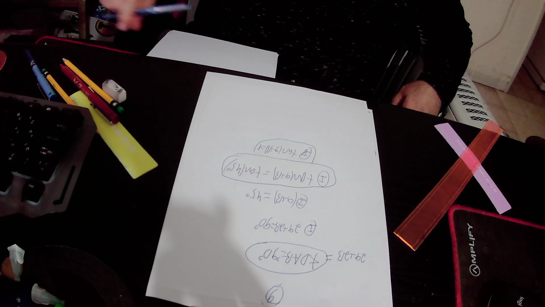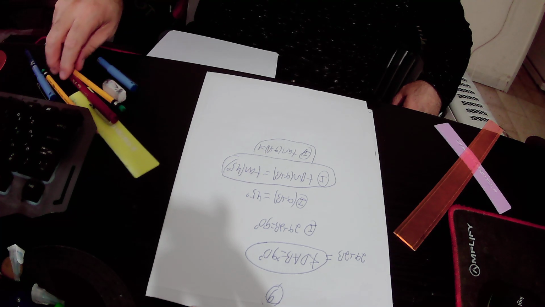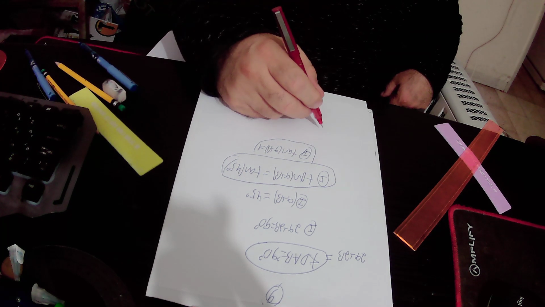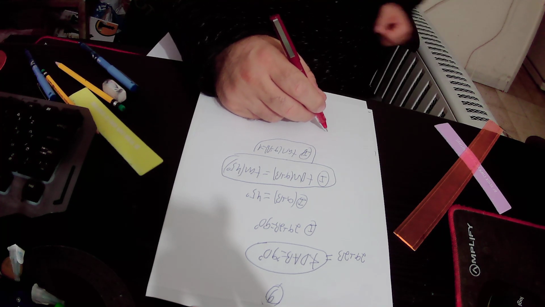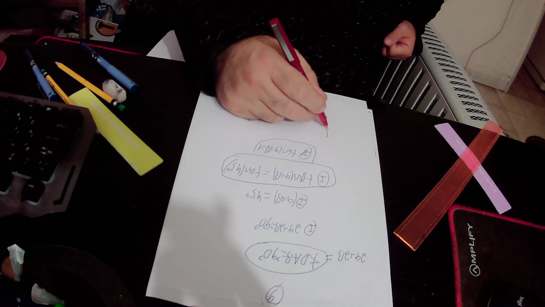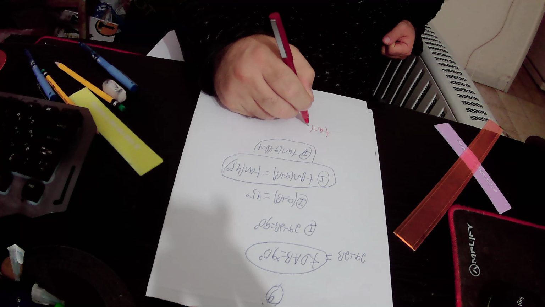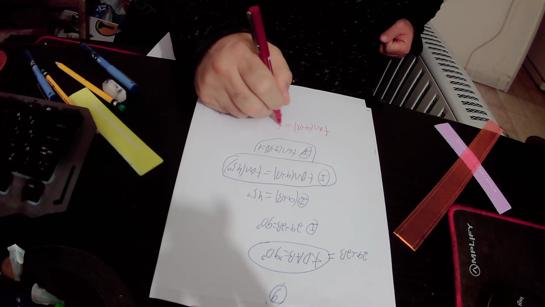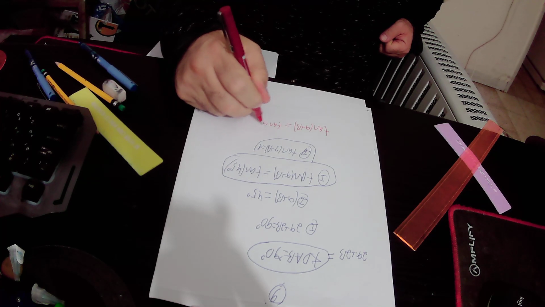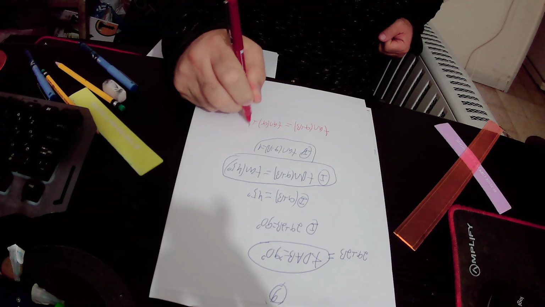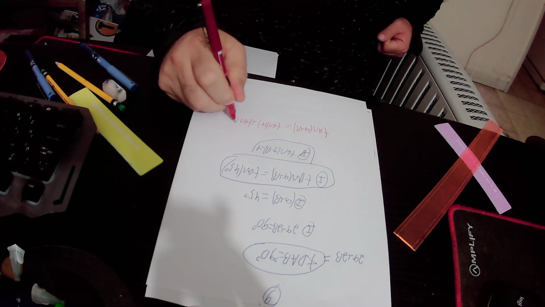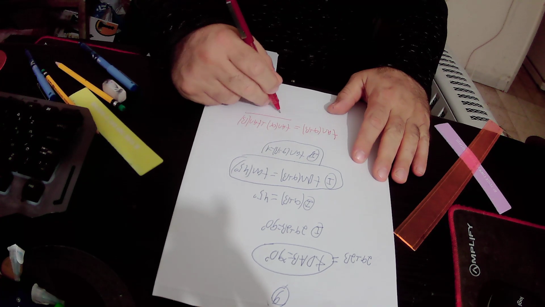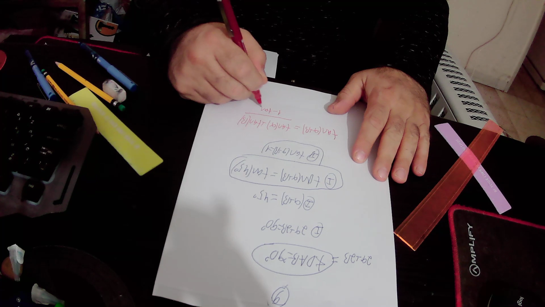But actually we have a trigonometric identity for the value of tangent of alpha plus beta. According to the following trigonometric identity, the value of tangent of alpha plus beta is tangent alpha plus tangent beta over 1 minus tangent alpha times tangent beta.